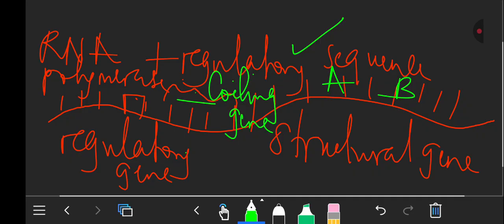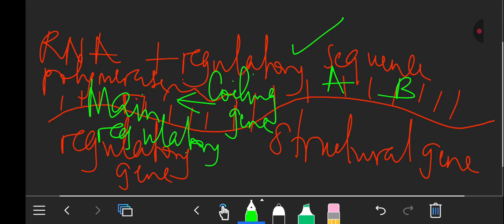Just 1,000 bases away, we have what is known as the main regulatory gene. So the main regulatory gene is 1,000 bases away from the coding gene. It is very much important for us to appreciate that concept.